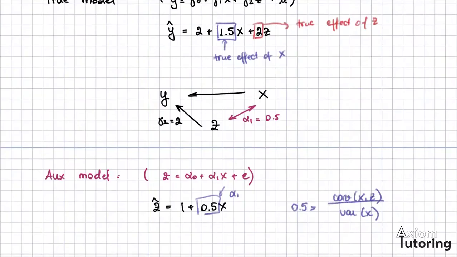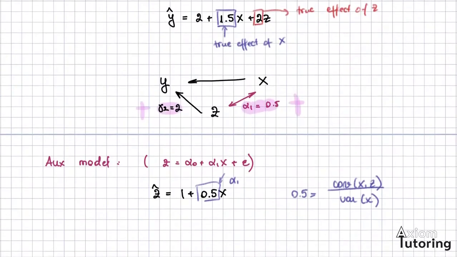Based on the previous video on the path diagram, you already know that you would have overestimated the model if you had omitted the z variable, because gamma 2 is positive and alpha 1 is also positive, so gamma 2 times alpha 1 is positive. You should have had an overestimation.